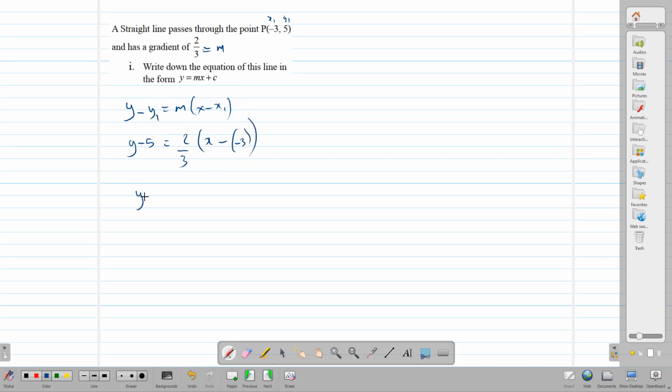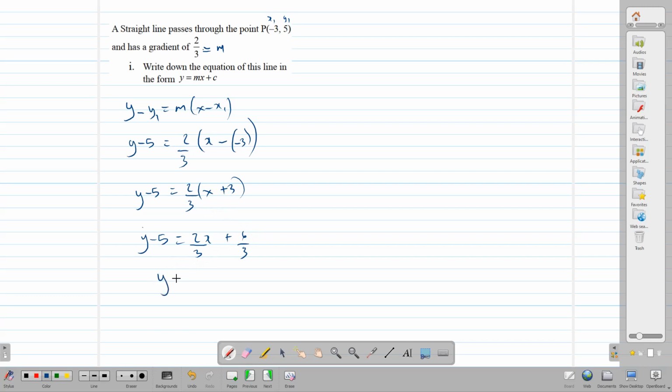So we have y minus 5 is equal to 2/3, bracket x plus 3, because of this negative. So we can simplify the bracket, multiplying it out. y minus 5 is equal to 2/3 x plus 2, since 6 over 3 is 2. We'll simplify that in a moment.